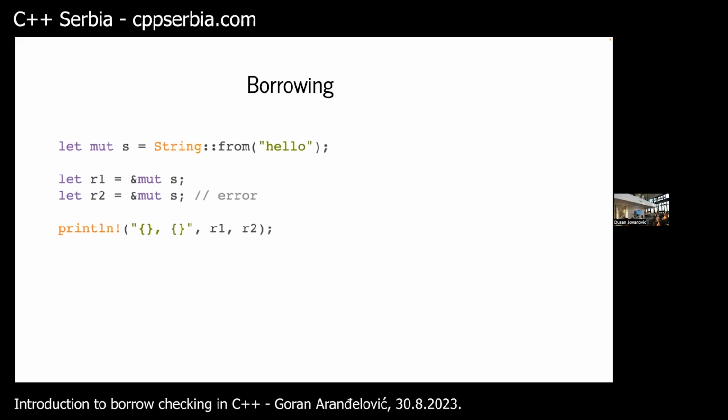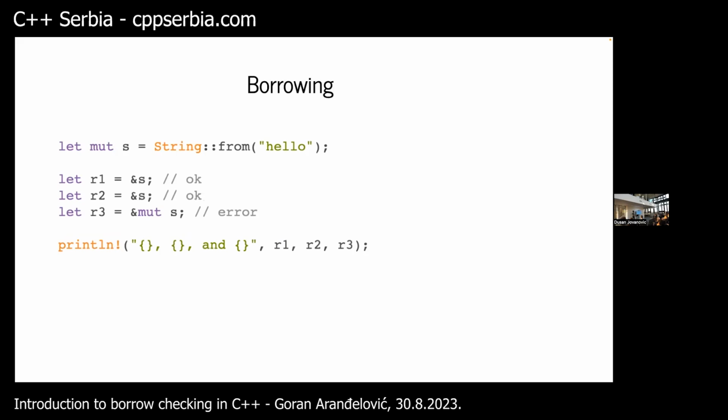And later on, you will see some examples with scoping rules, because these two references here, R1 and R2, are in the same scope, so they exist at the same time. That's why this is not allowed. But of course, if they live in different scopes that are not interleaving, you can have multiple mutable references.